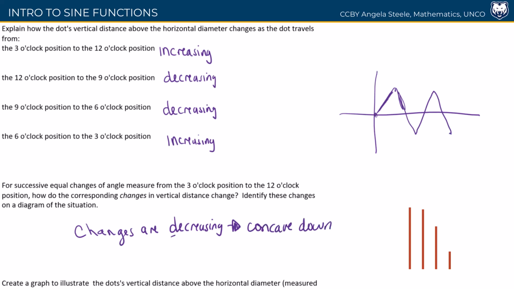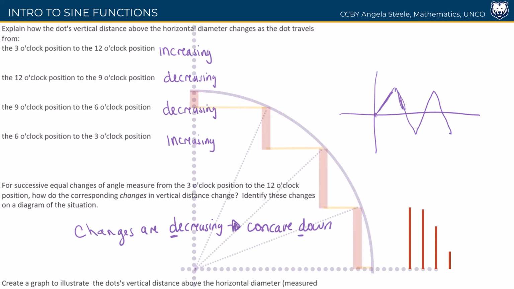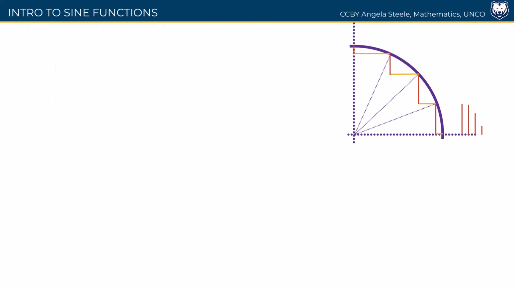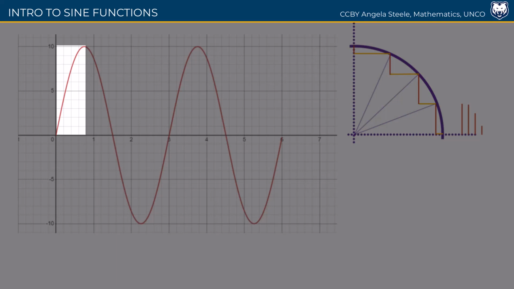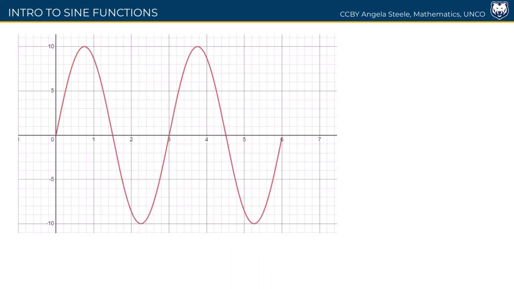A way to remember that is decreasing has a D, and then concave down has a D. So if the changes are decreasing, that gives us a concave down shape. So that means from the 3 o'clock to the 12 o'clock position, it is going to be curving in a downward direction as we go from one spot to the next spot on our graph. So that gives us concave down.